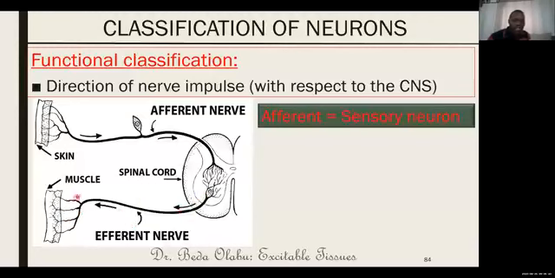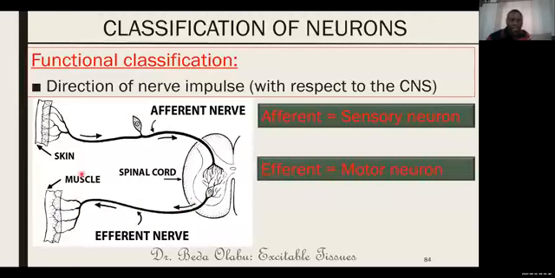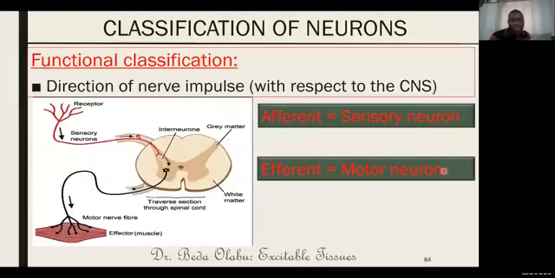Efferent neurons will be going to either muscles or glands, so efferent neurons are motor neurons. The third example would be a neuron that joins 2 or more neurons within the central nervous system. It doesn't have to be part of a reflex arc like this one.